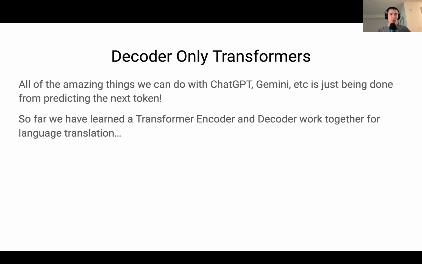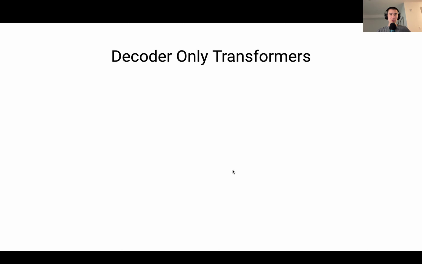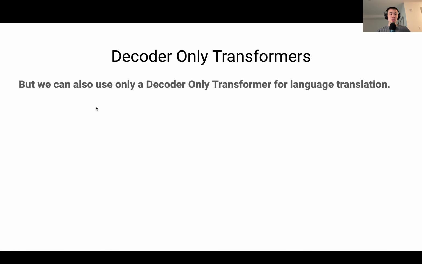So far, we have learned a transformer encoder and decoder work together for language translation. Again, a review: the encoder will understand the English sentence, and the decoder will generate the translated Spanish sentence. But what if I told you we can also use only a decoder-only transformer for language translation?